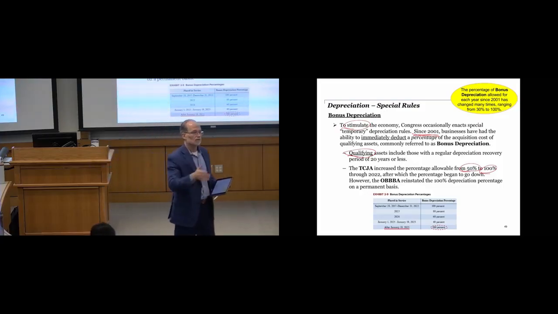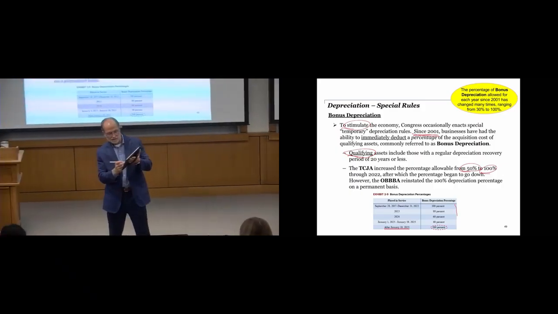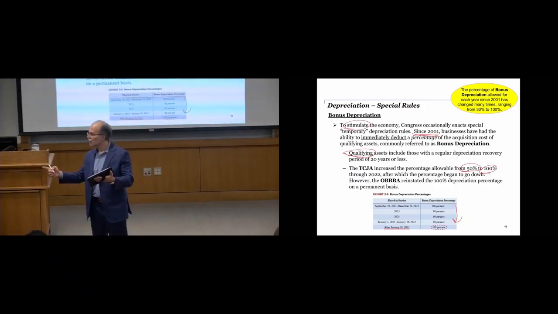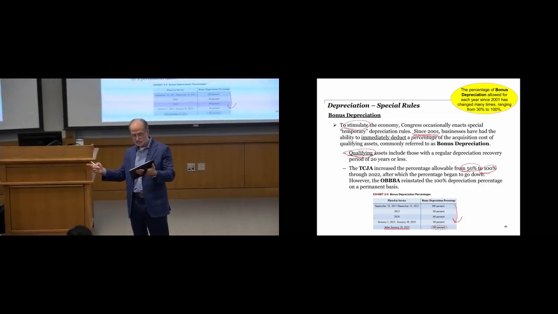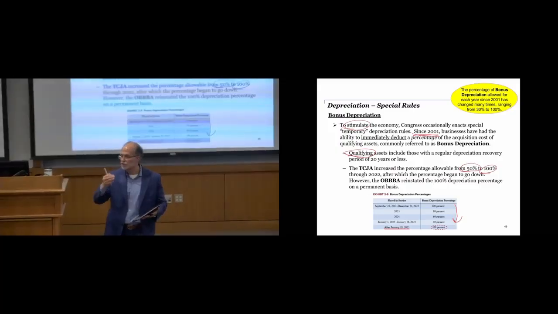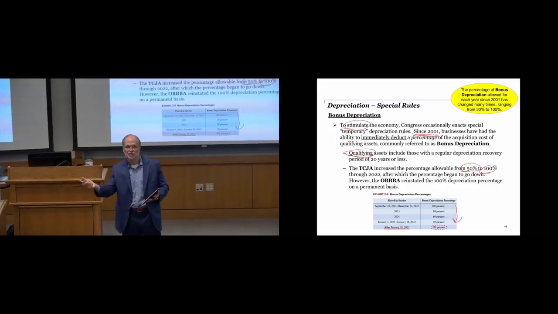This was a temporary provision. What happened in 22, see how this chart goes from 100%, starts falling, 80, 60, 40. It was projected to go to 20%. That's the temporary nature of that legislation because it was automatically changing as the years changed.